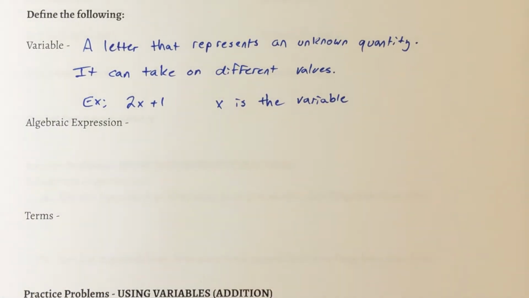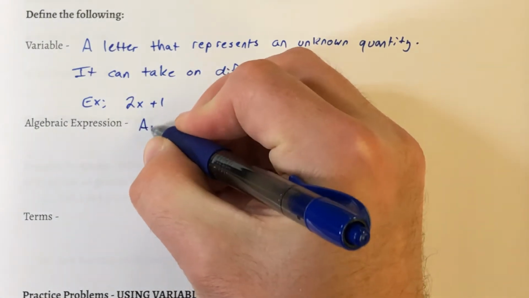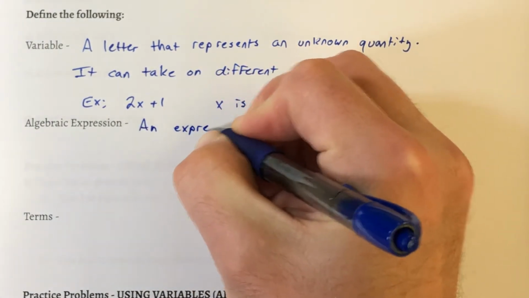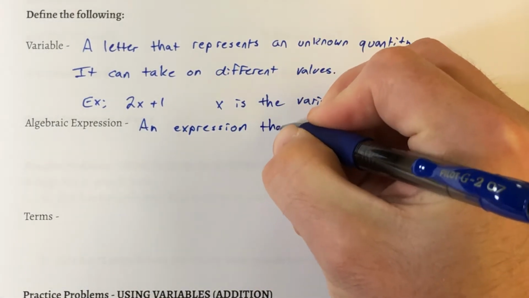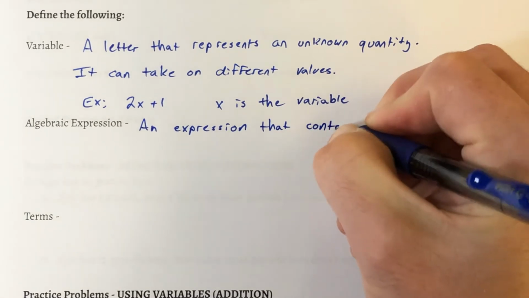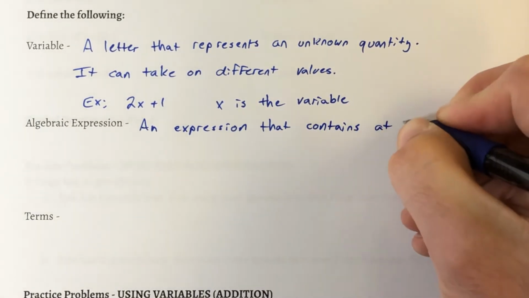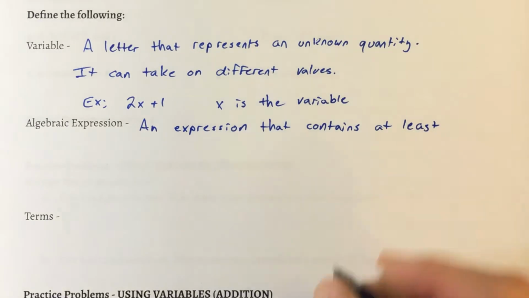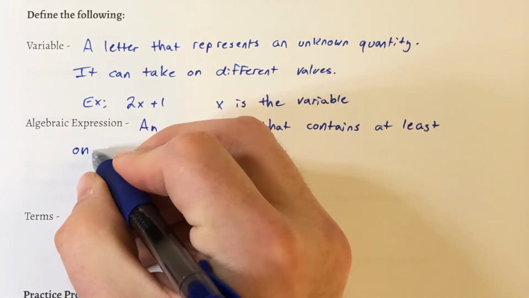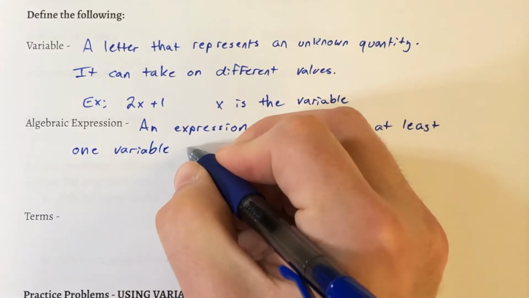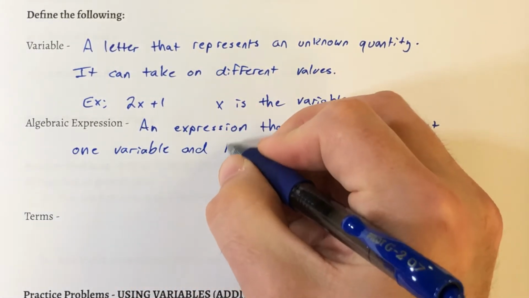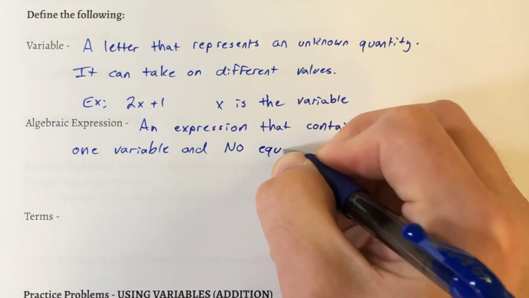All right, our second vocabulary term is an algebraic expression. So these are what we're going to be writing, algebraic expressions. An algebraic expression is an expression that contains at least one variable and no equal signs.